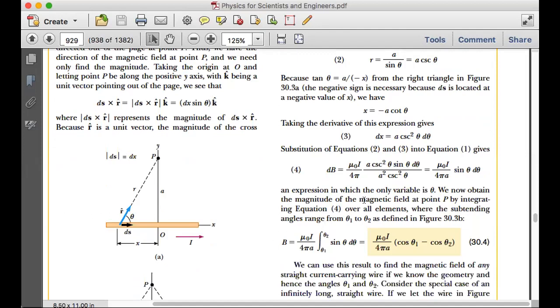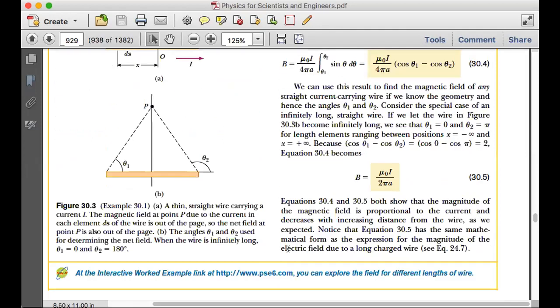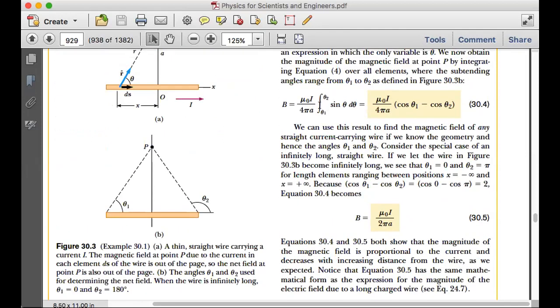If we take theta 1 to theta 2, this B should be the integral from theta 1 to theta 2, and we get this equation 30.4. So this is theta 1 and this is theta 2.